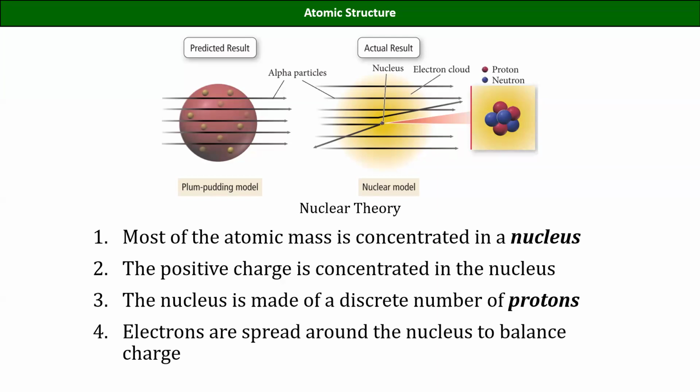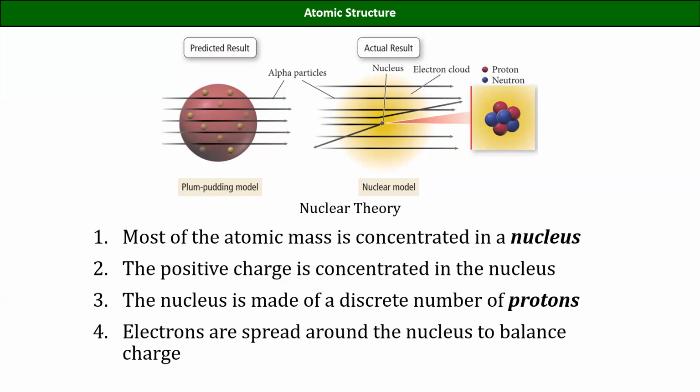So if all of our positive charge and all of our mass is in the nucleus, the electrons are so much smaller. Remember, they're 2,000 times smaller than a hydrogen atom by mass, but they're pretty much all of the volume. And so the nucleus has to have a positive charge.